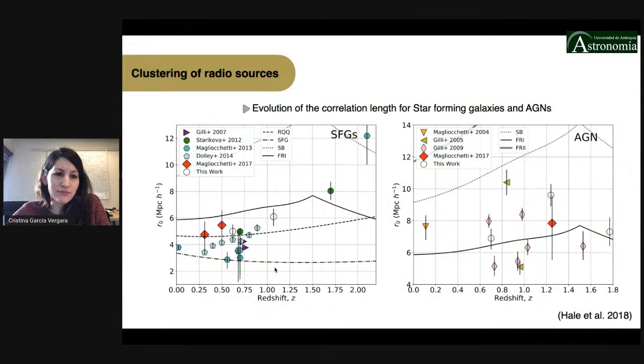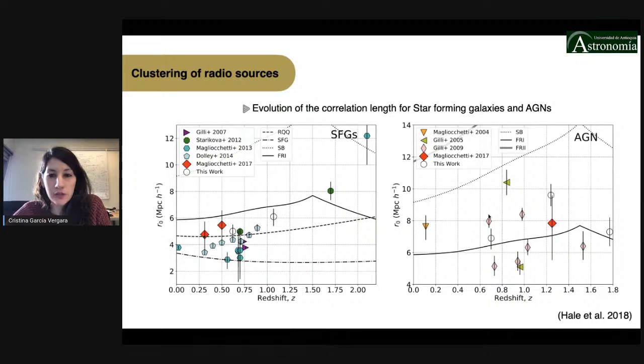The main point is that in general, star-forming galaxies are less clustered than AGN. You can see that here they are proving correlation lengths between 2 and 6, more or less. But for AGN, you are proving more close to 6 and 7 megaparsec over h in general.